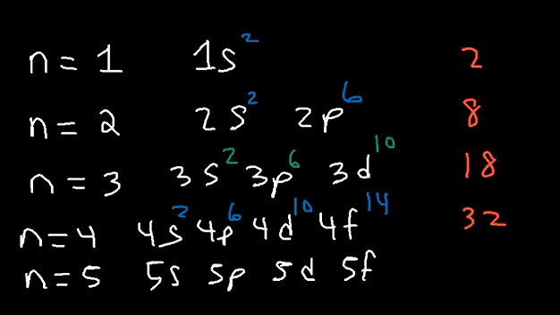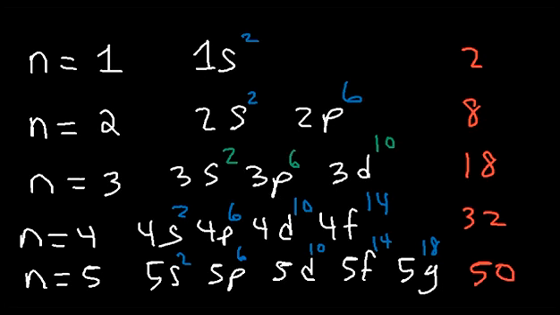After 5f comes 5g. And if n is 6, after 6g comes 6h. So it's 2, 6, 10, 14, and after 14 is 18. As you can see, for every new sublevel that you add, you always add 4 electrons or 2 orbitals to it. So 2, 6, 10, 14, 18, you keep adding 4. So 32 plus 18 is 50.